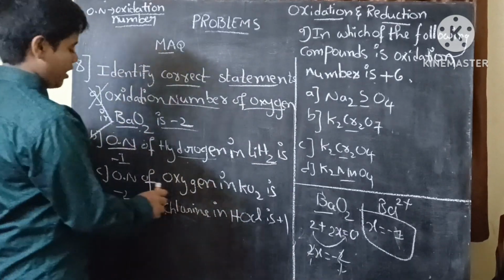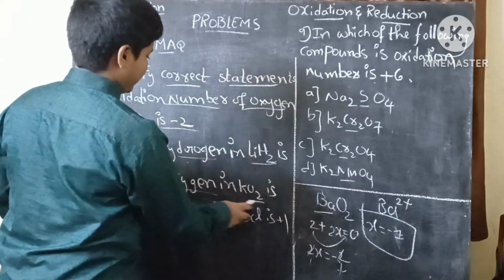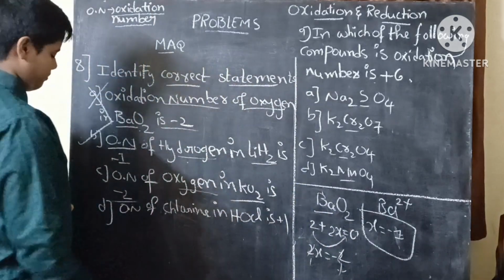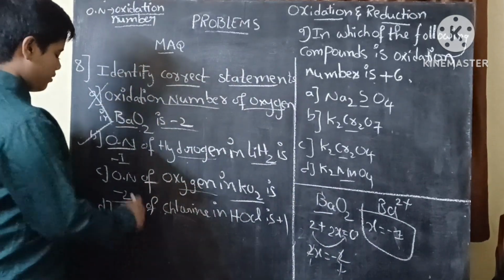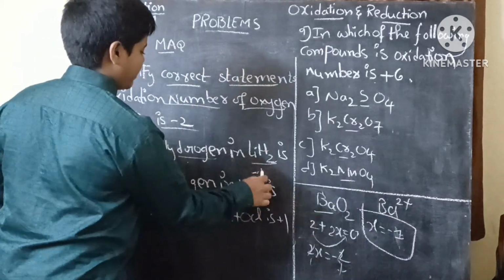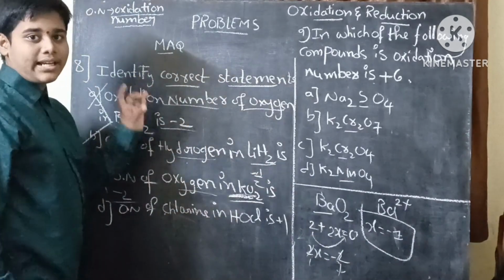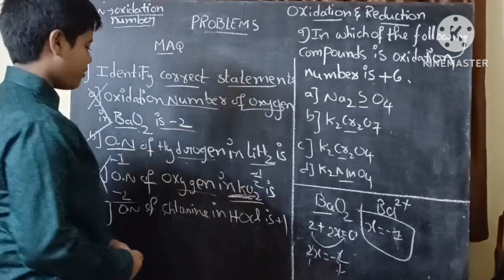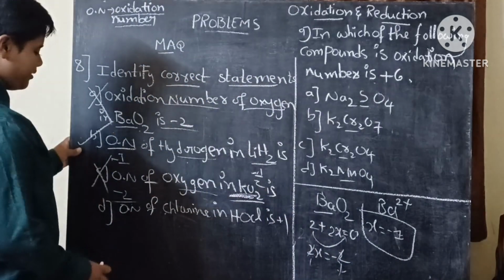The oxidation number of oxygen in KO2 is minus 2. We already know this is wrong because here the oxidation number in this is minus half. We did it in the second example. So this C statement is wrong.